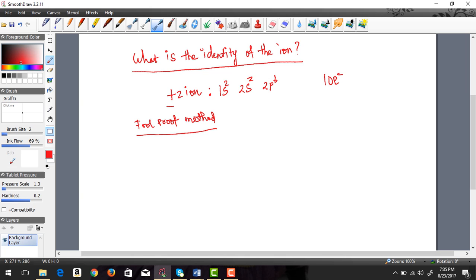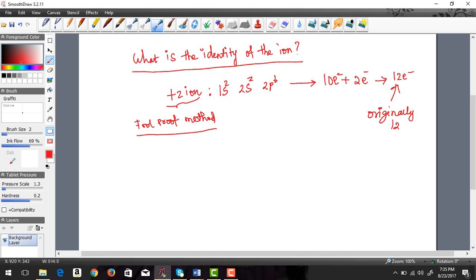Currently I've said it's a +2 ion, right? So that means this cannot have been the atomic number. Well, that's the clue. When the element has made a +2 ion, we have 10 electrons, but it has lost 2. So add those 2 back. Okay, that means you should have had originally 12 electrons, right?